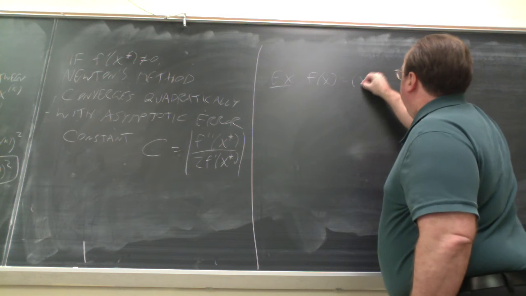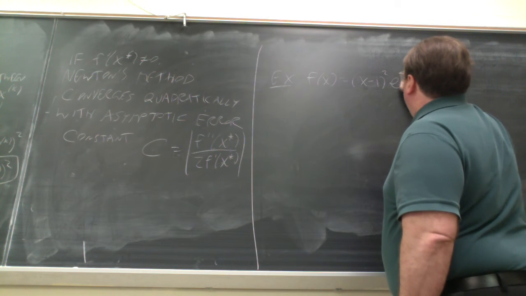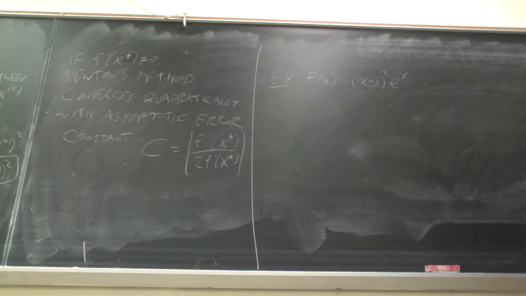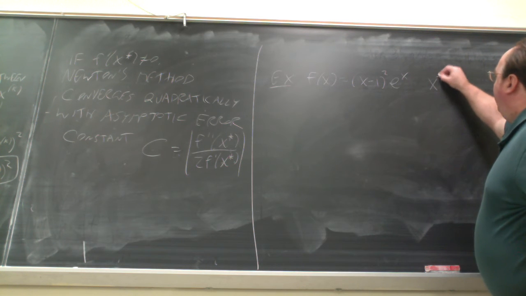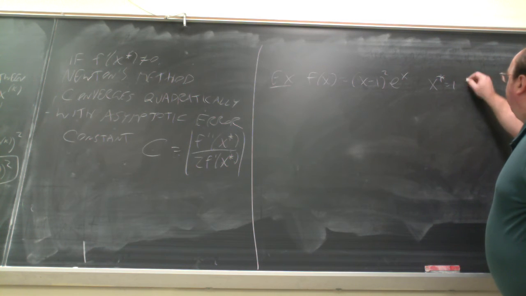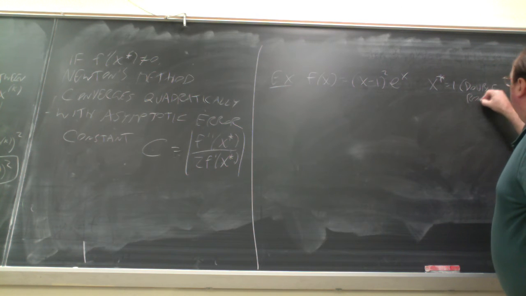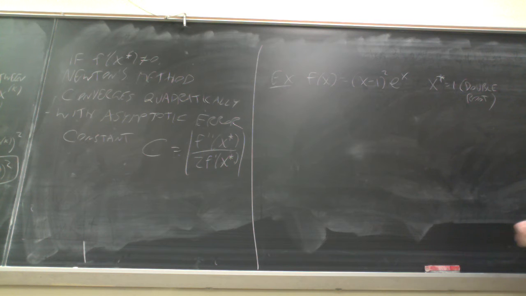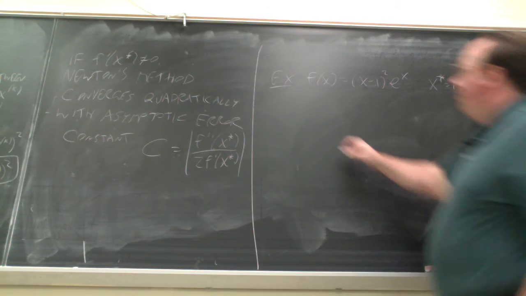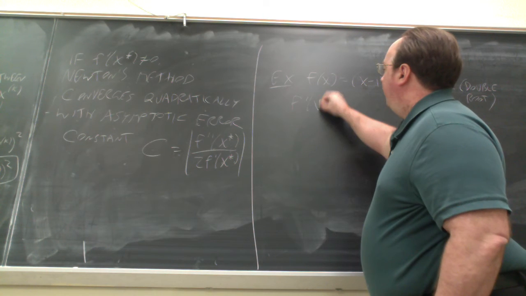So f of x is x minus 1 quantity squared times e to the x. So because of the squared, x star is 1, but that is a double root. So the derivative, we need the product rule for that.